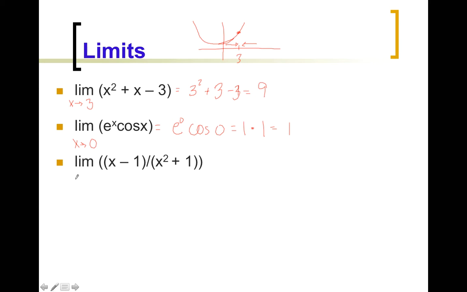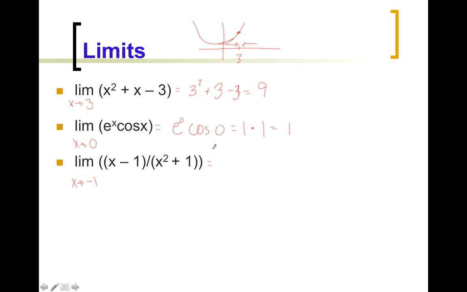Here, I want to throw you guys a little bit. If I wanted to take x approaching -1, we really do have to check whether -1 is an okay number in this function. This is x minus 1 over x squared plus 1. If I plug -1 into the denominator, I do not get 0, and therefore it's okay to just plug in.